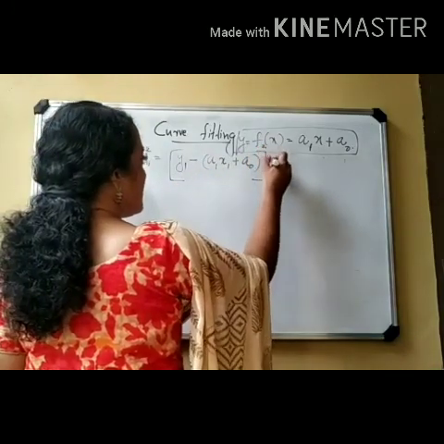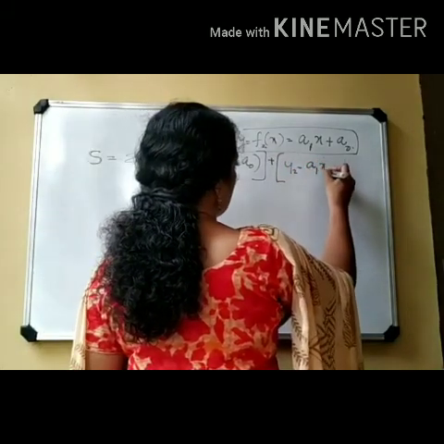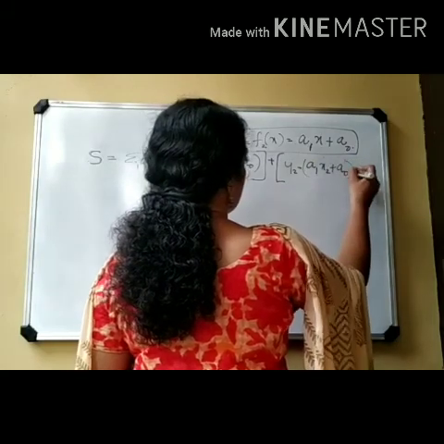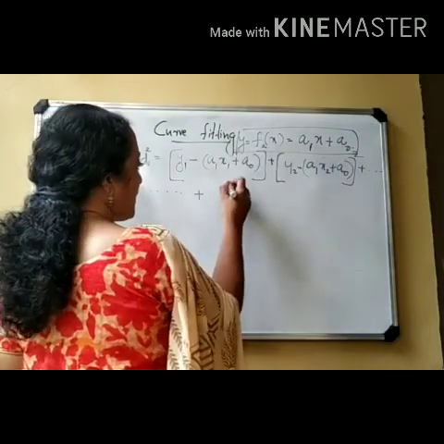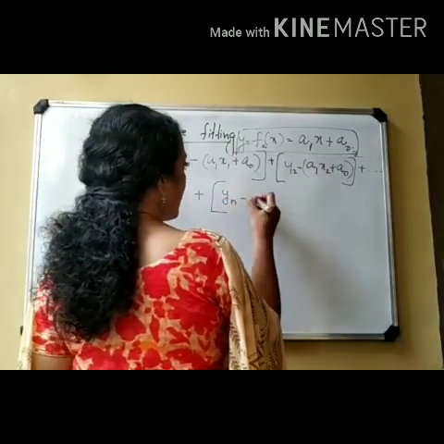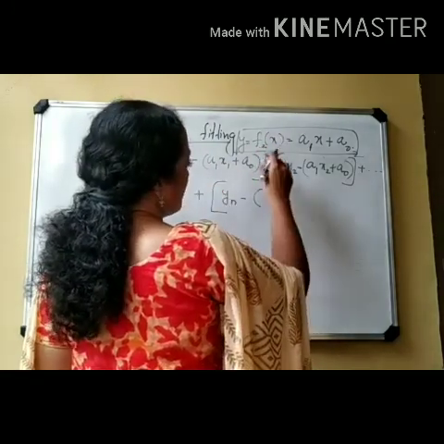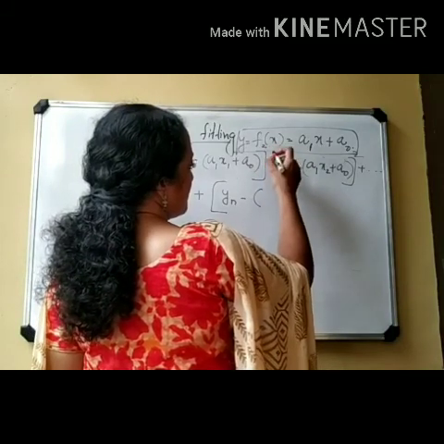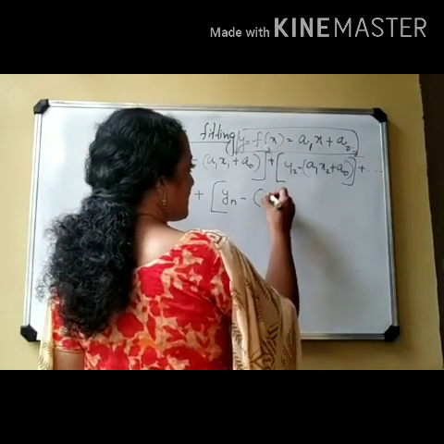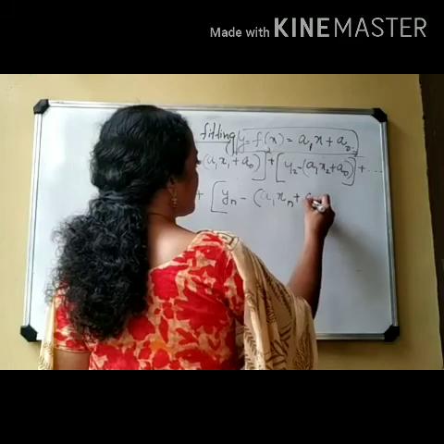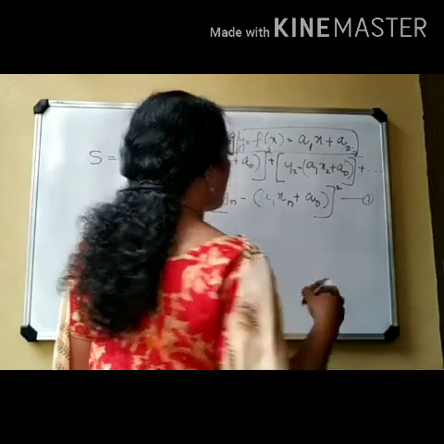So d1 square plus next is d2, y2 minus (a1 x2 plus a0) square plus etc., plus the last term yn minus fn, square. fn is a1 xn plus a0. This may be marked as equation number 1.